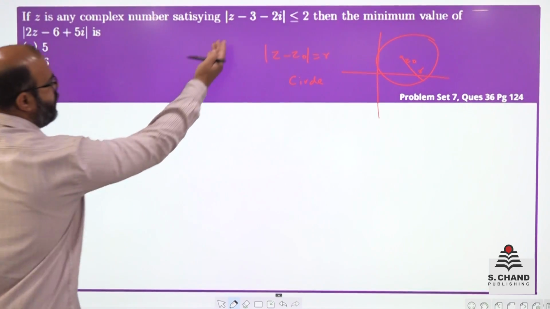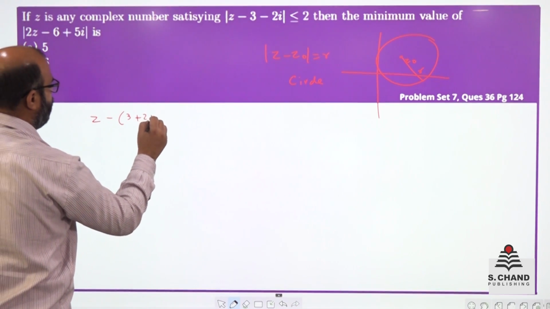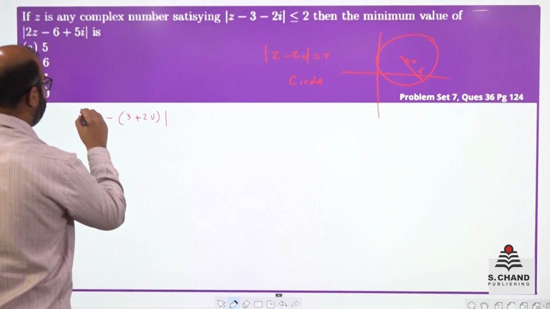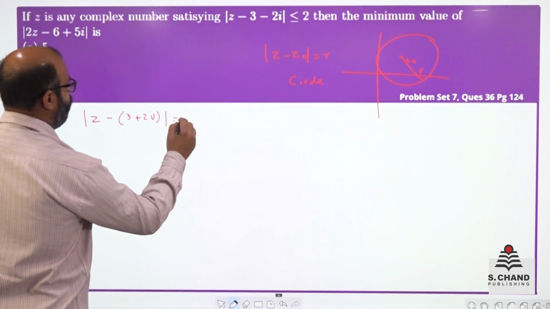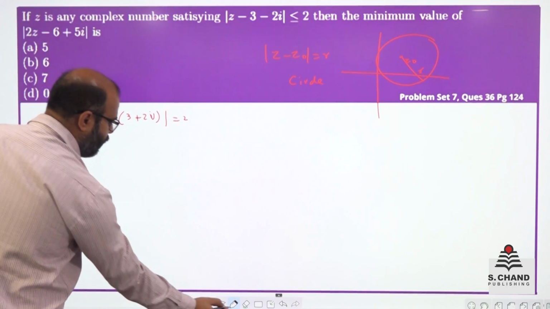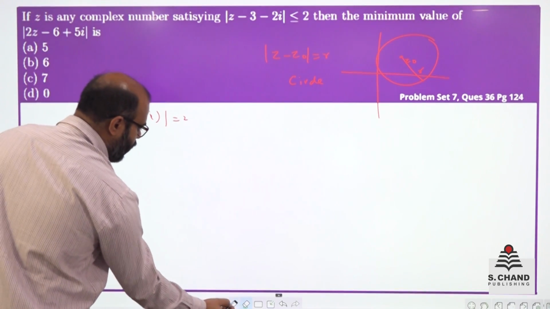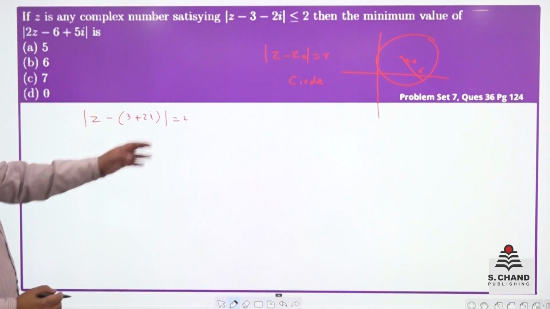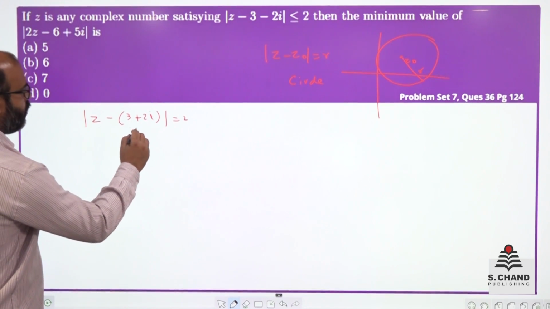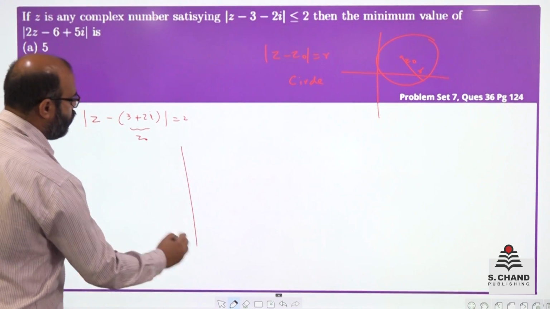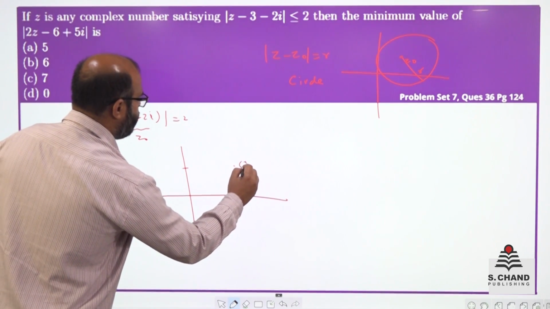Now when we see the equation here, it is mod of z minus 3 minus 2i is less than or equal to 2, not equal to 2. So let us take equal to 2. If we take equal to 2, what will happen? This is i here, so don't get confused. If it is equal to 2, then it will be a circle whose center z naught is 3, 2, somewhere here, and its radius is 2.